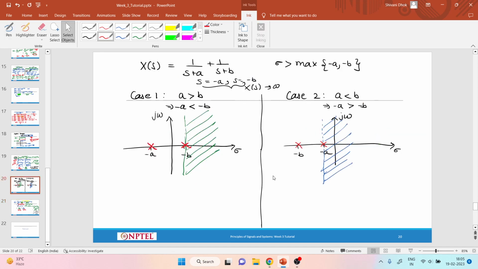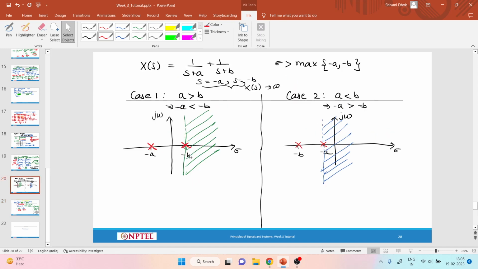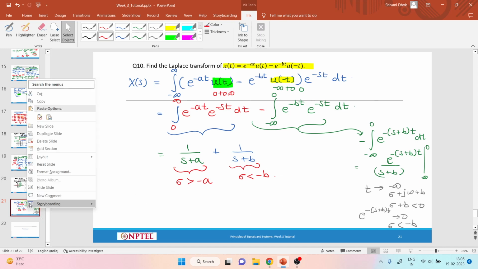Now observe carefully that the X of s here and the X of s you got earlier are both identical. What makes a clear distinction between them is the region of convergence. Earlier, your region of convergence was sigma greater than max of minus a, minus b. Here your region of convergence is something like this. Let us look at how exactly we get this region of convergence.